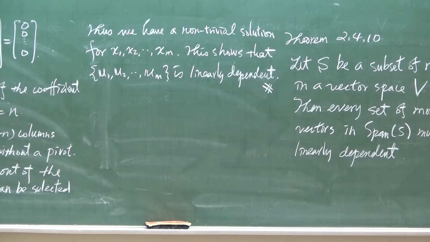All right, so let me describe the whole story again. To show that these m vectors taken from the span of x are linearly dependent, we should find a non-trivial linear relation, right? Such that the coefficients x1, x2, up to xm are not all zeros. We have to establish such a linear relation. And now we look deep inside to see what happens, how we can make up such a solution.